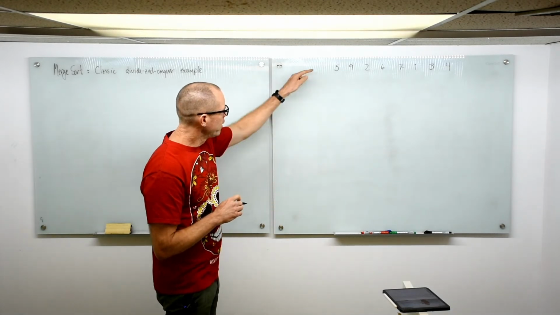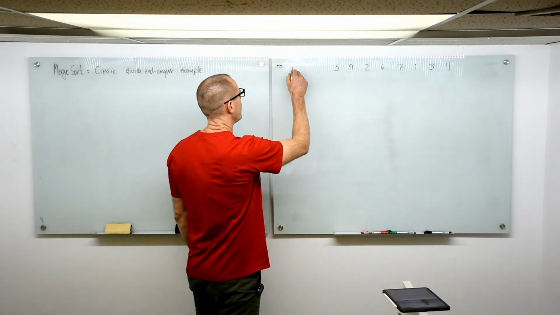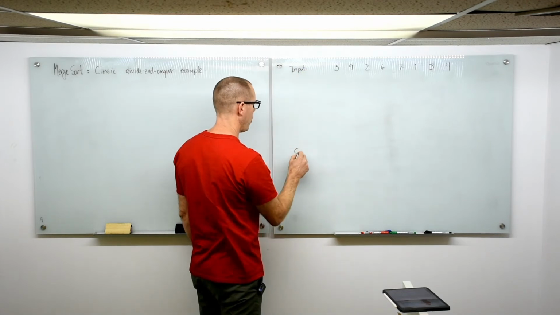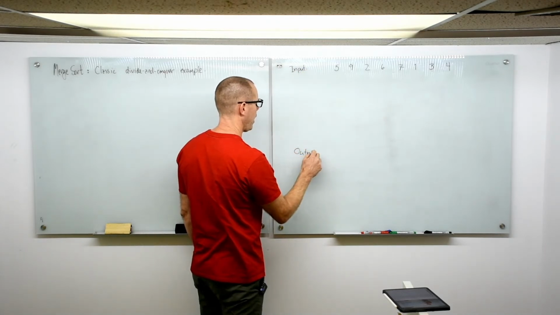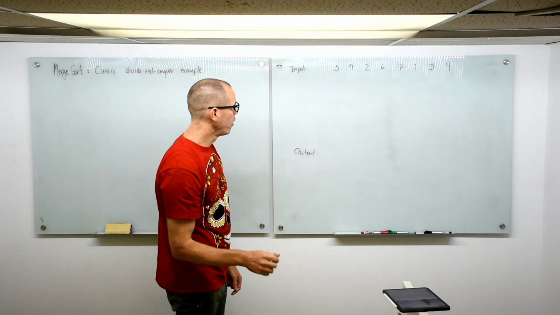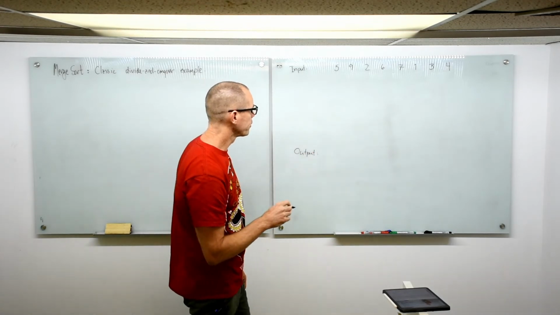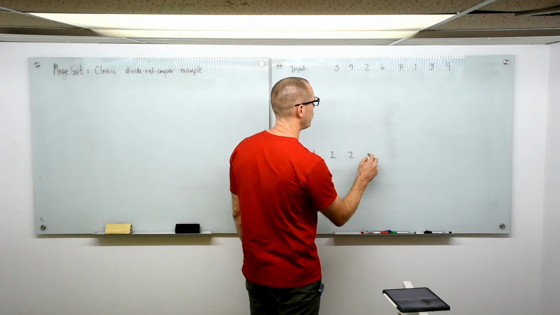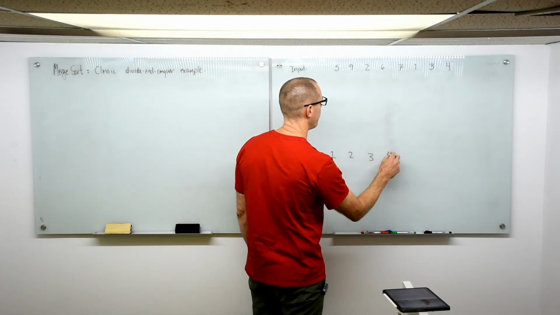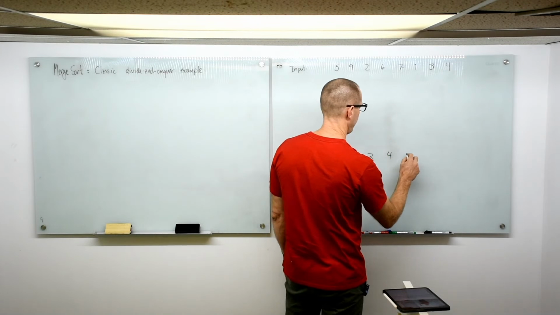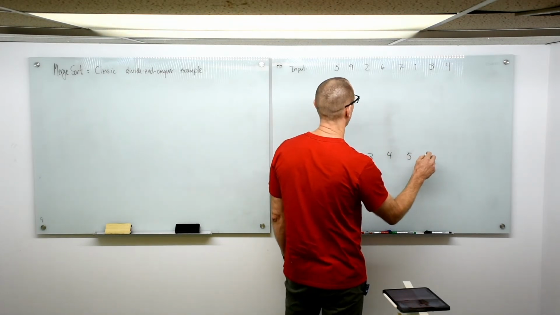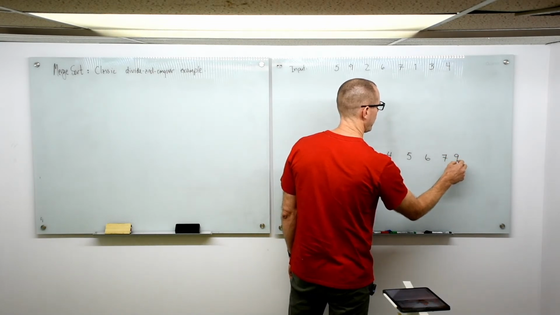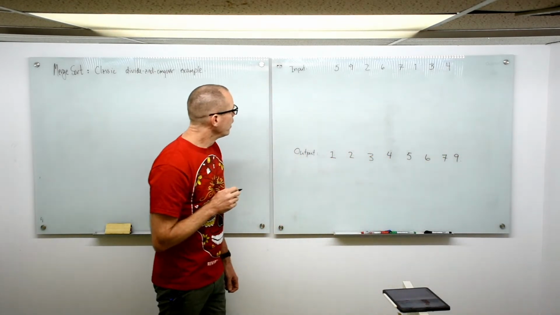Then if this is my input for sorting, the output should be a list of these things in sorted order. So I see 1, 2, 3, 4, 5, 6, 7, and 9.